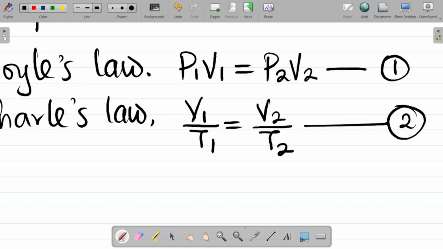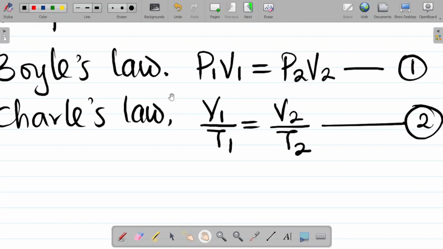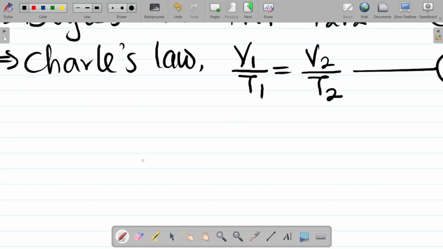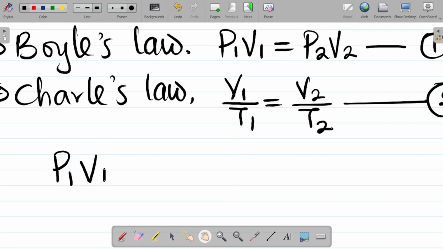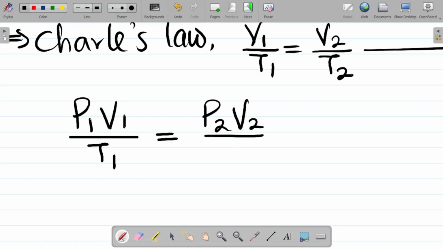If I combine Boyle's law from equation 1 and Charles' law from equation 2, from equation 1 you can see that we have pressure times volume, so I have P1 V1. From equation 2, we can see that the volume is being divided by temperature, so we divide this by T1. This is equal to, repeating the same thing on the right hand side, P2 V2 all over T2.